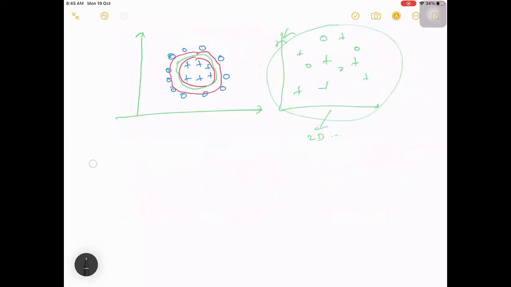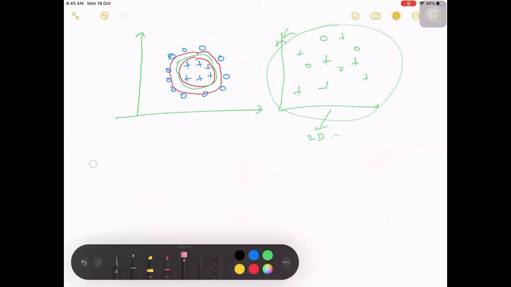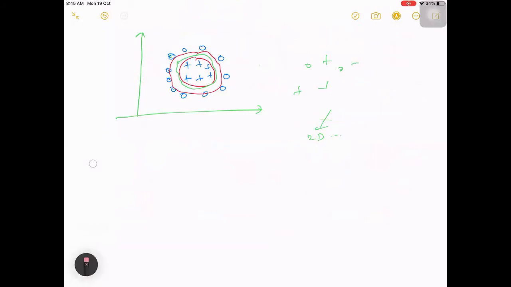It's not just two dimensional, it could be any dimension, if you represent it in some other space. Take this example, which is not linearly separable. If you want to separate it with a straight line, it's not possible.